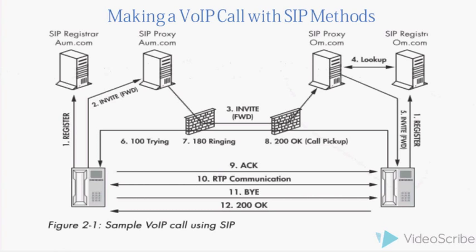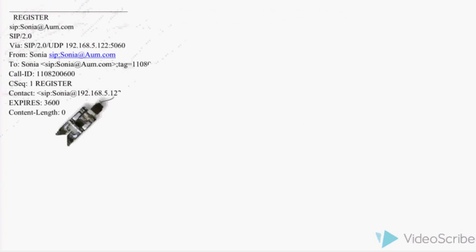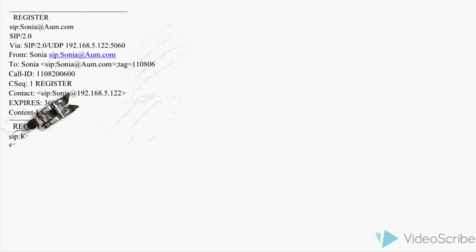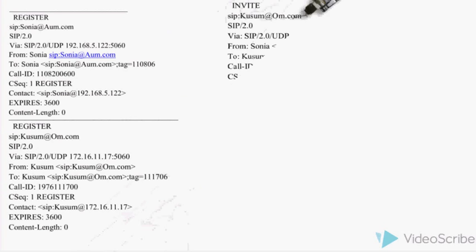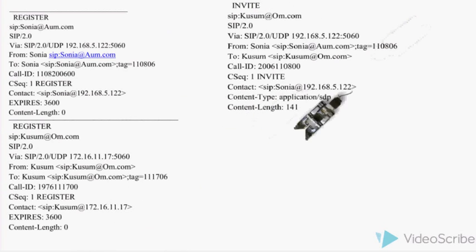So okay, now I made an example for this. This is how they will exchange messages. You can see the sample of the register message from Sonia, how Sonia registers on her register server, and how Kazum registers on her register server.